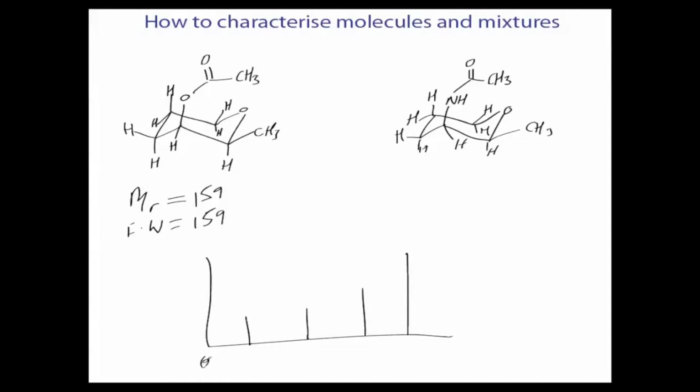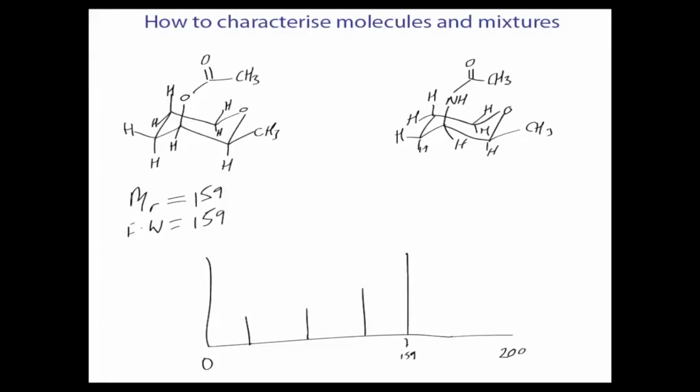This is 0, and we know it's 159, so let's say this goes up to 200 here, and this particular peak here is 159. And these will be degradation products.